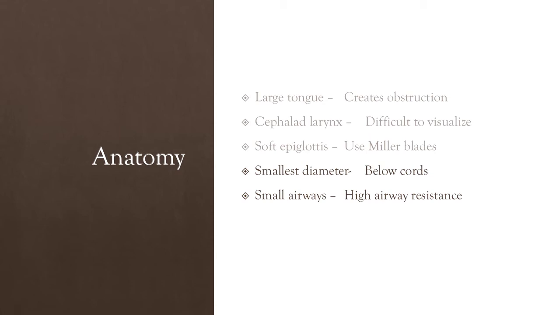The smallest diameter of the pediatric airway is at the level of the cricoid ring, and it's solid. It's at the level of the vocal cords in an adult. This difference can mean that a very small object may be lodged in a pediatric airway below the level of the cords and cannot be removed with pediatric Magill forceps.